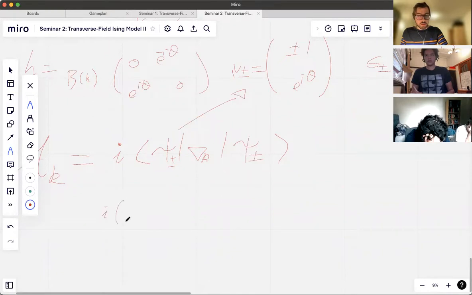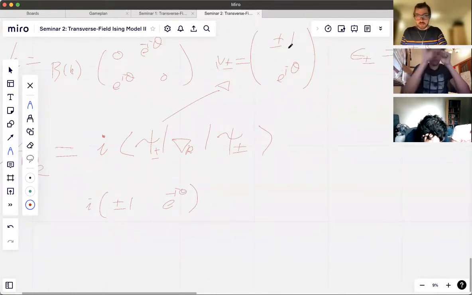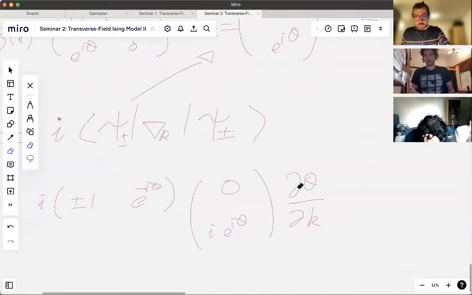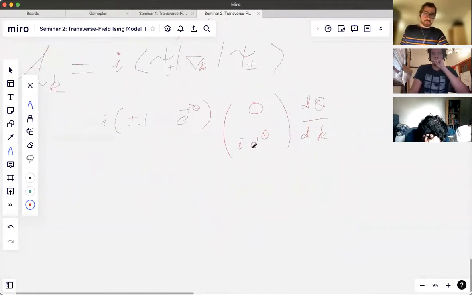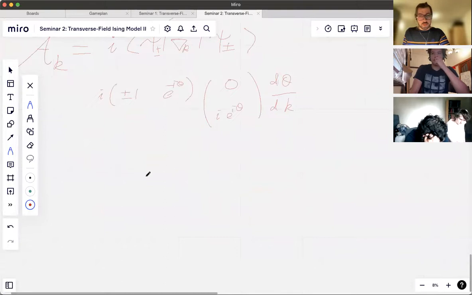So i times the bra psi plus minus is plus or minus 1, e to the minus i theta, where the complex conjugates come from turning the ket into a bra, times grad k, which is just 0, i e to the i theta times d theta dk, which is a straight derivative because theta only depends on k. And so you just get minus d theta dk.